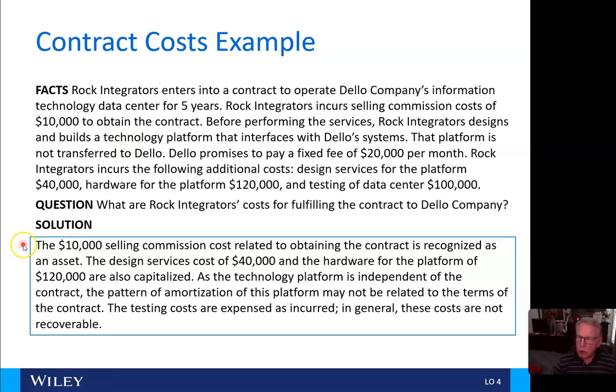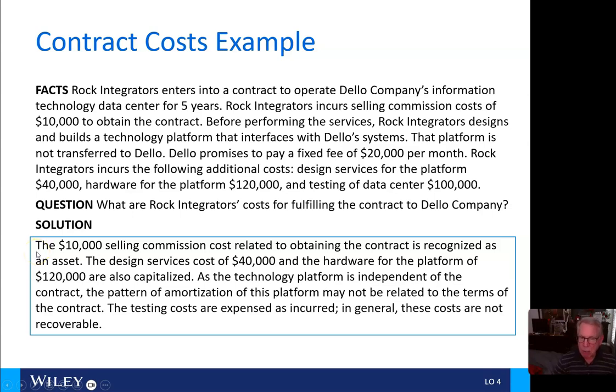And as we look at the solution, the $10,000 selling commission cost related to obtaining the contract is recognized as an asset. The design services cost of $40,000 and the hardware for the platform of $120,000 are also capitalized.